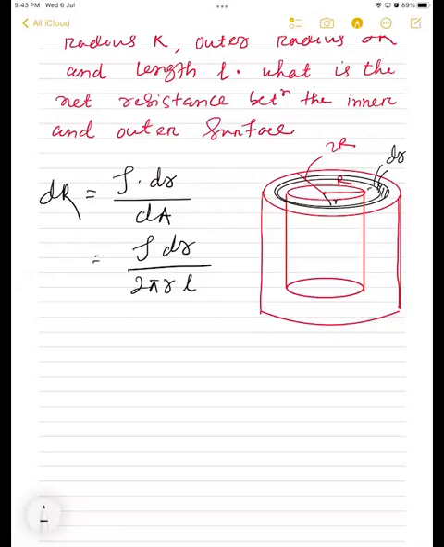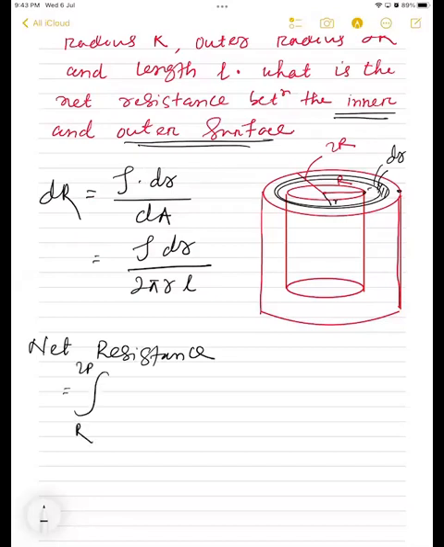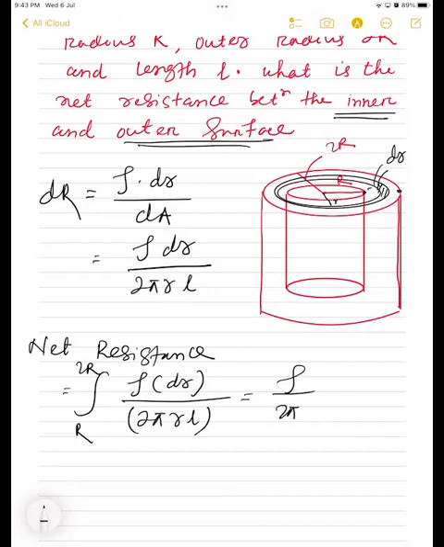So for the net resistance, we have to integrate over the radius. The radius goes from R to 2R because he's asking for the resistance between the inner surface and the outer surface. So net resistance is equal to the integration from R to 2R of rho dr divided by 2 pi r into L. That is equal to rho by 2 pi L whole into the integration of 1 by r, which is ln, so ln 2.